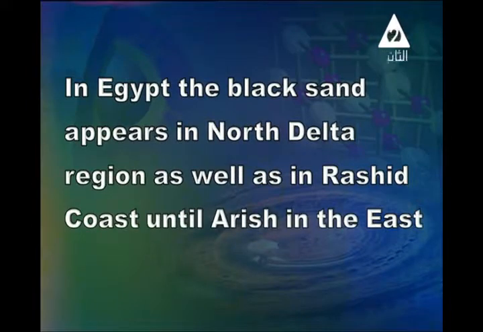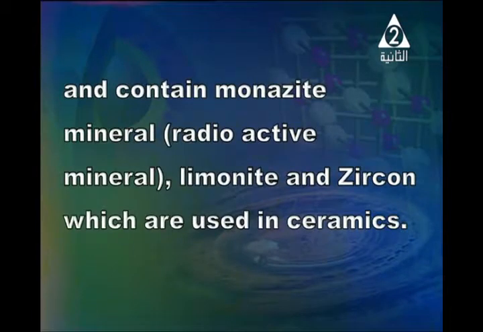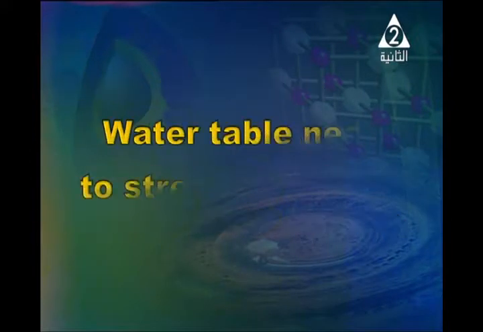In Egypt, black sand appears in the North Delta regions as well as in the Rashid Coast until Arish in the east, and contains monazite, a radioactive mineral, as well as limonite and zircon, which are used in ceramics.